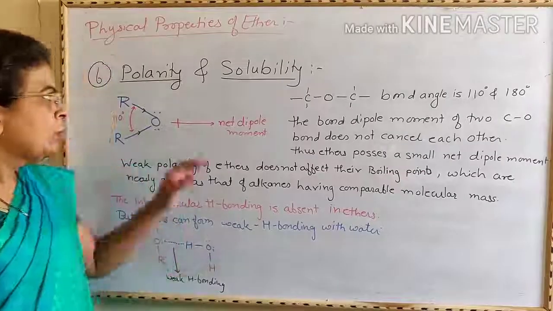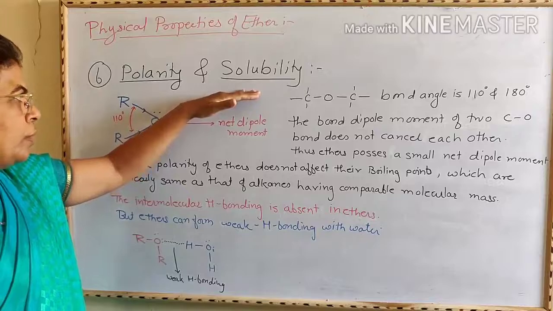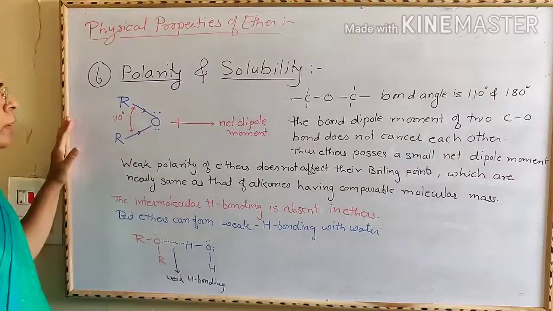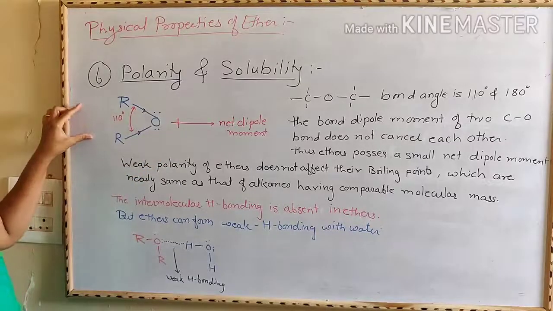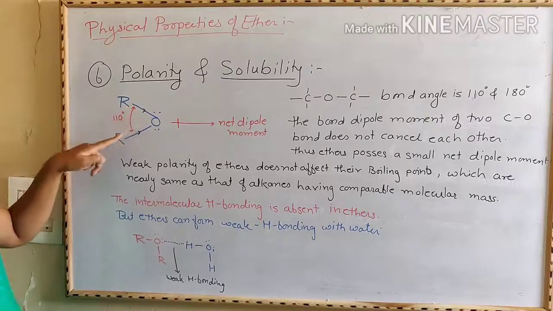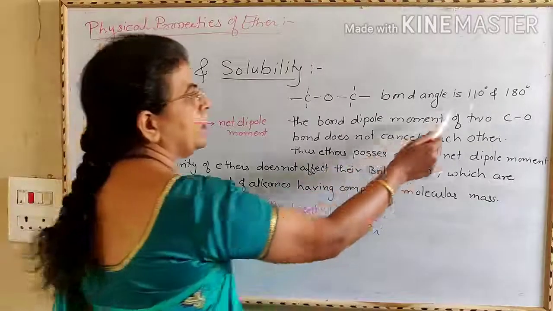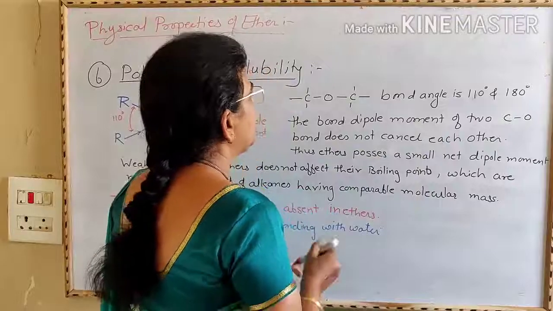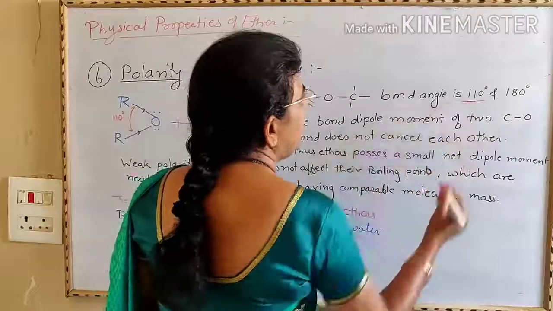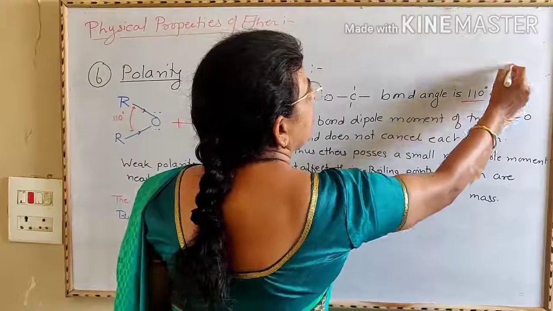Second point, polarity and solubility. Now this ether, that is ROR, the ROR bond angle is 110 degree, but it is not 180 degree. Look here, this COC bond angle is 110 degree and not 180 degree.